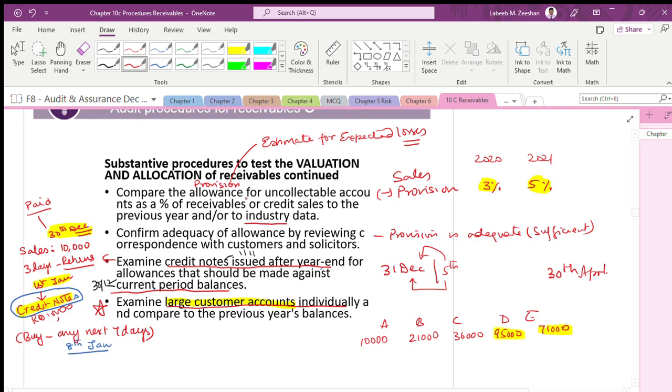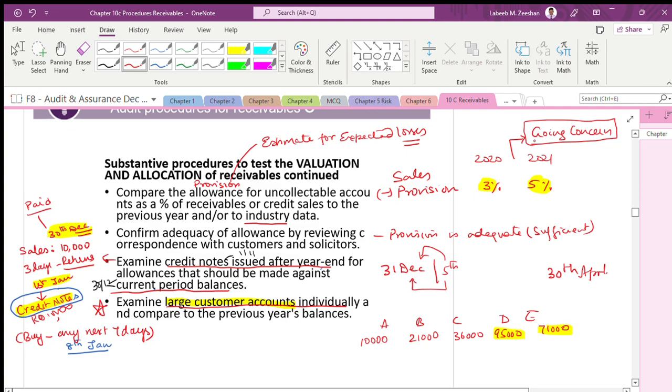There will be materiality. Again, I am telling you in advance, we will cover this at a later stage. There is also a concept called going concern. It means your bad debts are increasing.